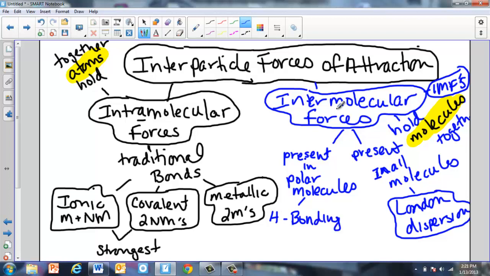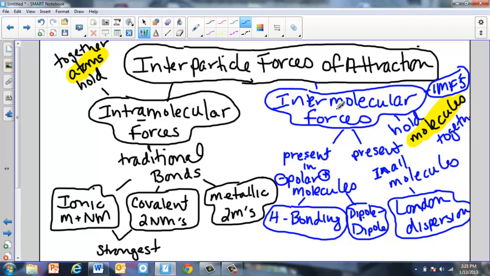And I really don't like the term hydrogen bonding because it's a little misleading. It's not really a typical type of bond that we had over here, but we still have to talk about it. And then the other one is going to be dipole interactions. And really, they're just the fact that since any polar molecule has a positive end and a negative end, all the molecules are going to line up so that all of the positives and the negatives are opposite from each other.